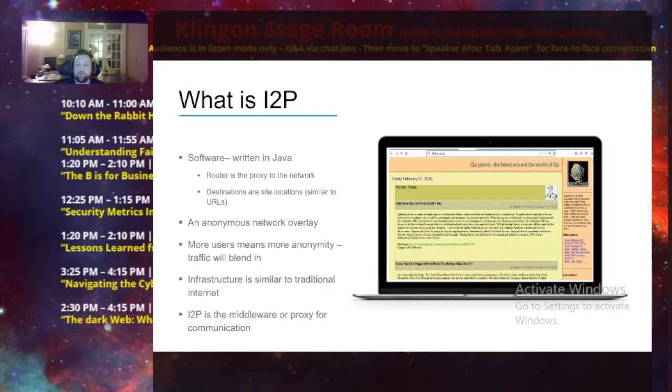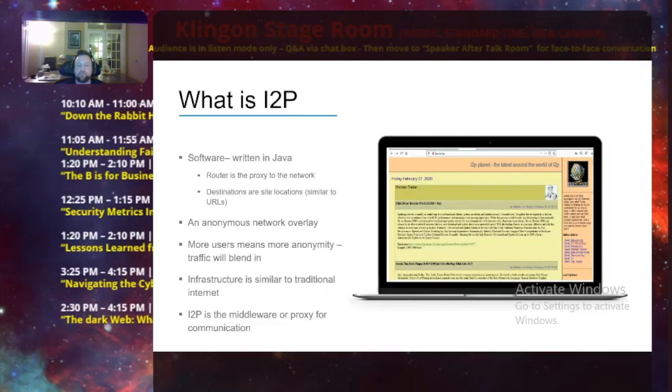This means that if you have a 100 meg connection and you're donating 1 meg to I2P, you will have a consistent and constant 1 meg stream of data coming out of your system, regardless of if you are using I2P or not. So this ensures that your ISP will be able to tell that you're using I2P, but they are not going to be able to see when you're using I2P or even if you're using I2P.